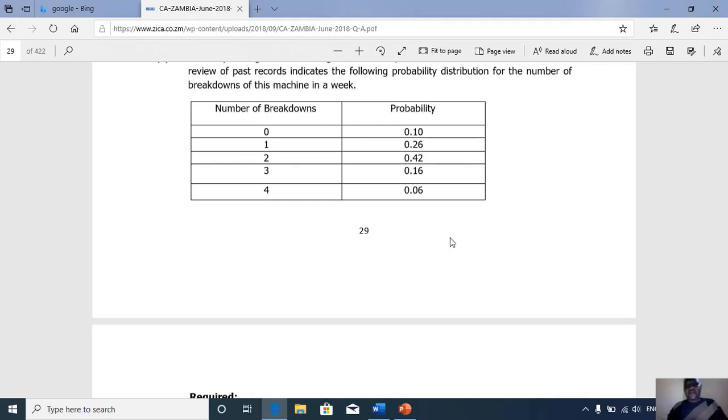So the expected value of the mean is going to be 0 multiplied by 0.1, 1 multiplied by 0.26, 2 multiplied by 0.42, 3 multiplied by 0.16, and 4 multiplied by 0.03, and then you get the summation of that. That is going to be the mean.